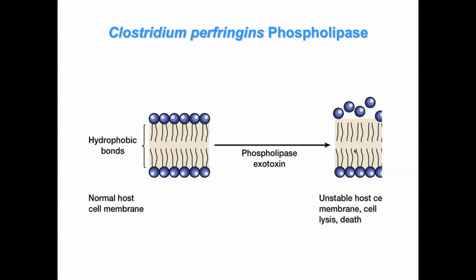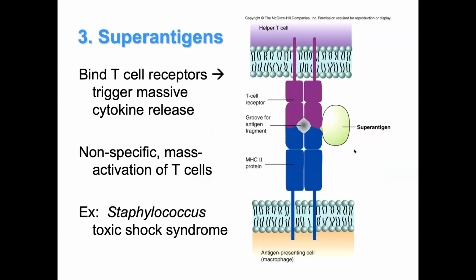It's a Clostridium. It's going to produce this exotoxin phospholipase, and it disrupts the phospholipid. And that contributes, as you can imagine, to the virulence of the organism by killing the host. Yes, it kills a host.